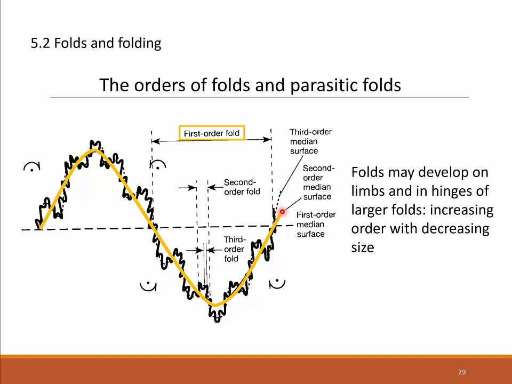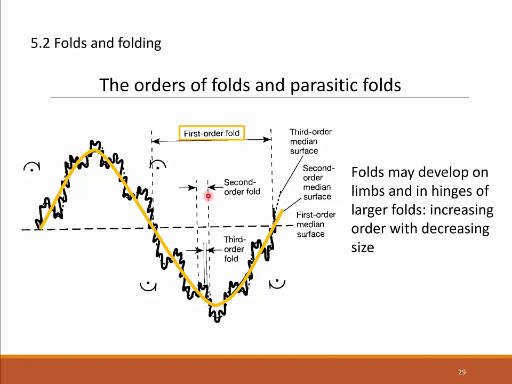That is what we would call the first order fold, the largest fold structure that the layer follows. But when we look carefully, we see that the layer in fact follows a more intricate system of smaller scale folds that are developed on the larger scale limbs and in the hinges of our first order fold structures.